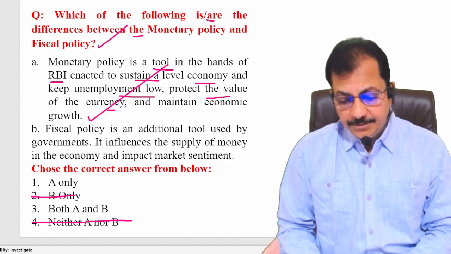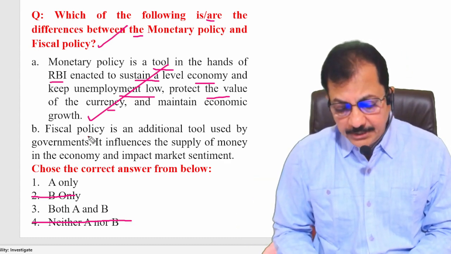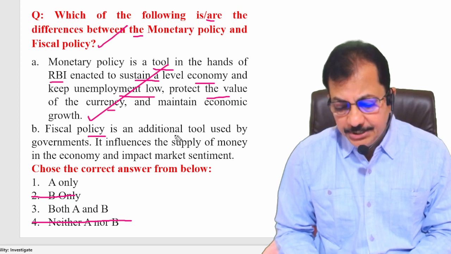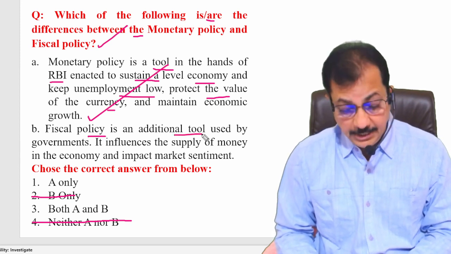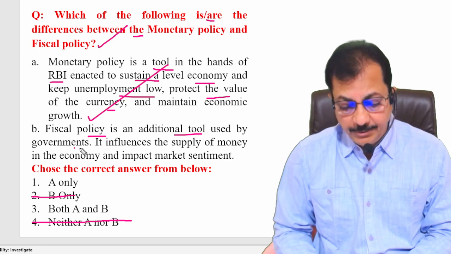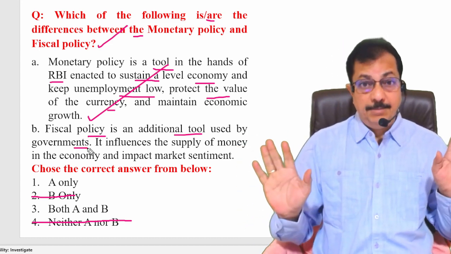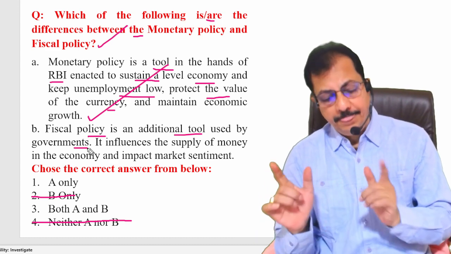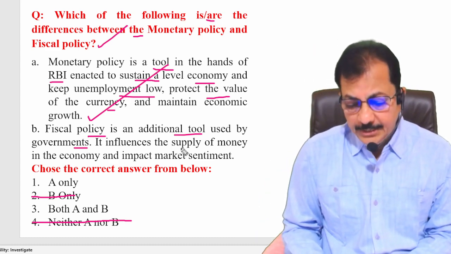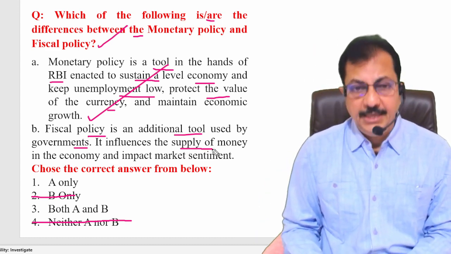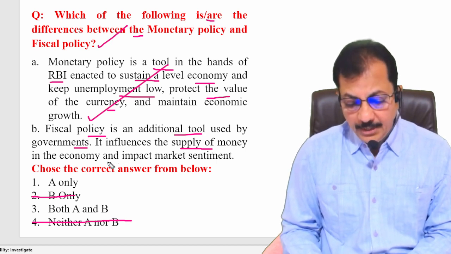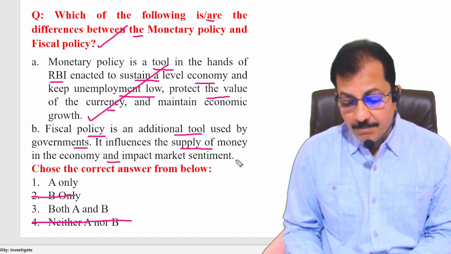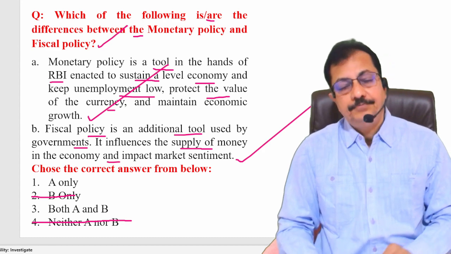Next. Fiscal policy is an additional tool used by the governments. Till here the statement is correct. I told you already, fiscal policy is a tool that is used by the government. It influences the supply of money in the economy and impacts market sentiment.